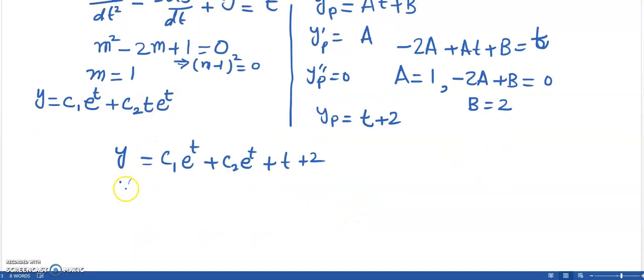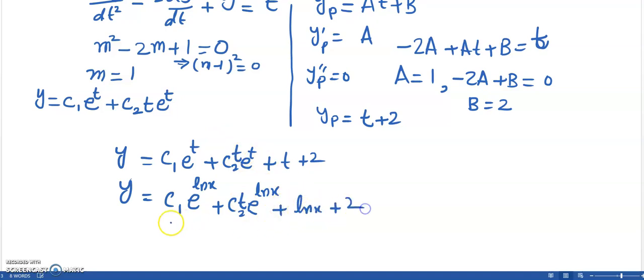So c1 e power log of x is x, plus c2 log of x times e power log of x, which is x, so c2 x log of x, plus log of x plus 2.